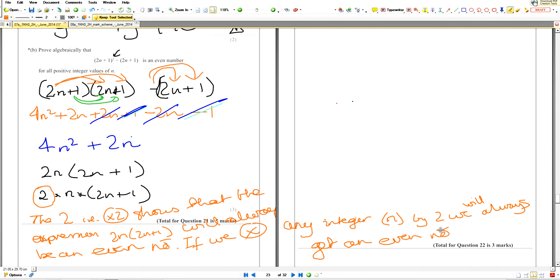So what does that say? The times by 2 shows that the expression will always be an even number. The times by 2, that's the proof, because if we multiply any integer by 2, we will always get an even number. So it's the doubling effect that turns an odd into an even, and an even stays even.